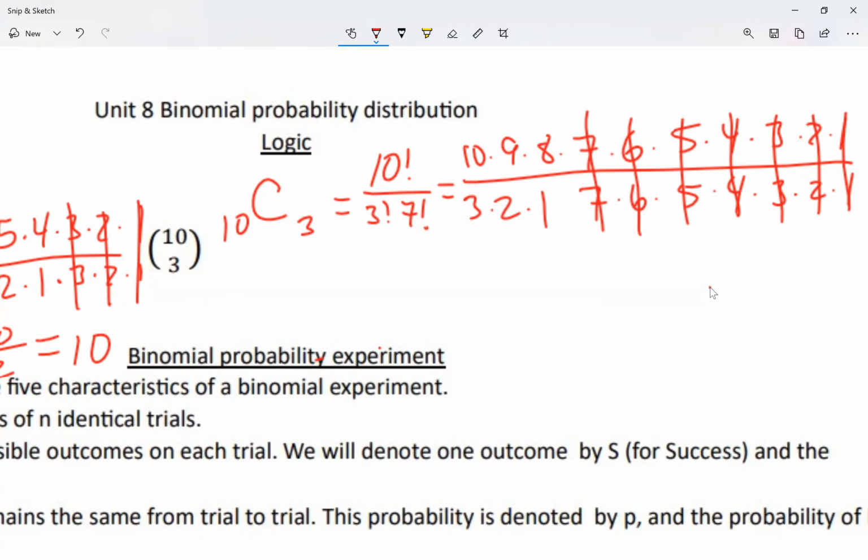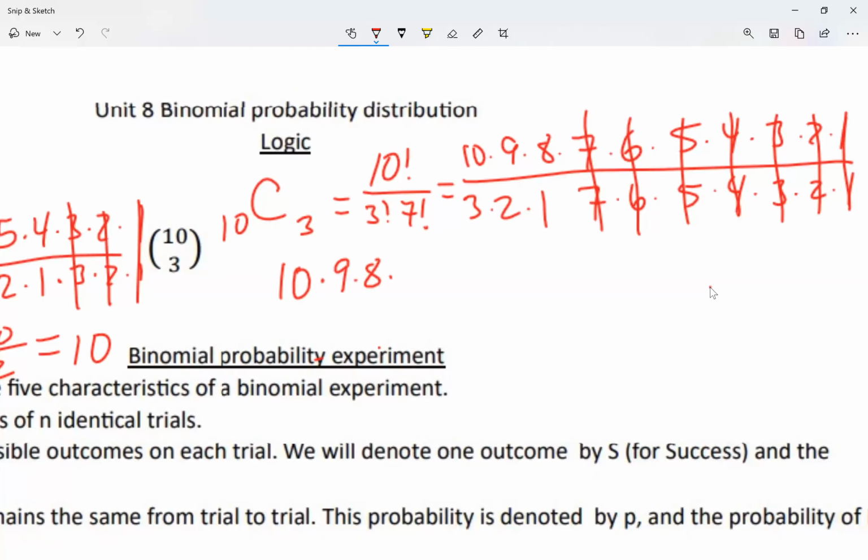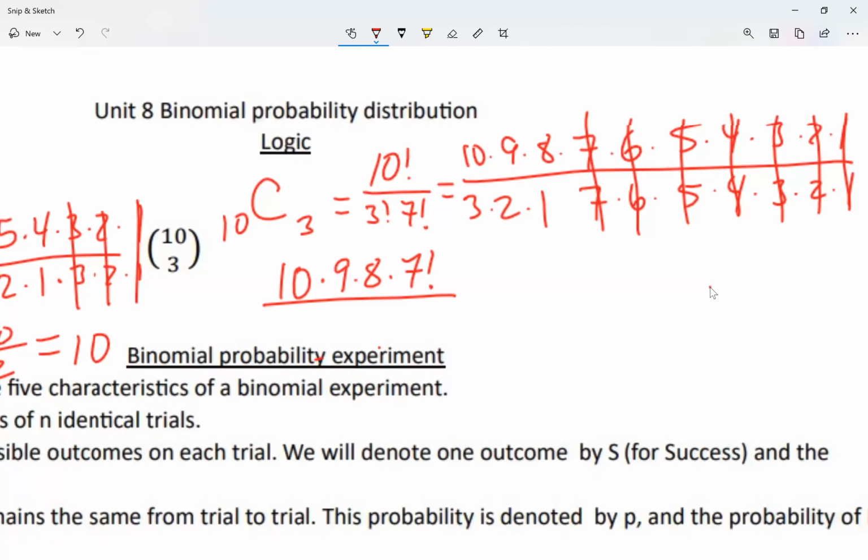You're like, oh, could there be a shortcut for how to do this? Before I finish this question, there's still more work to do here. But before I finished, I could have written this as 10 factorial as 10 times 9 times 8 times 7 factorial. At the bottom, my 3 factorial, I could have written this as 3 times 2 times 1, and then my 7 factorial at the bottom.